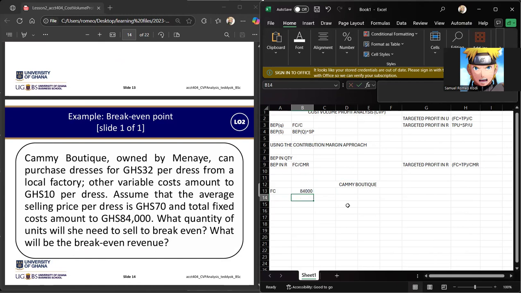Our fixed cost given to us was 84,000. Our variable cost per unit: always remember to bring in the per unit so you don't get confused, because sometimes they give you the full value, which is the revenue amount.